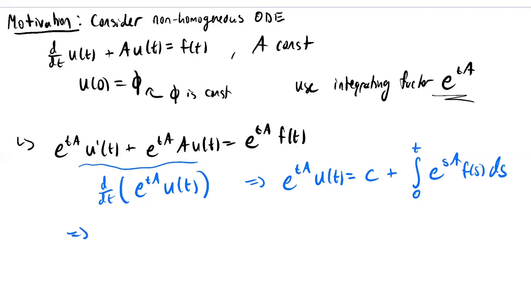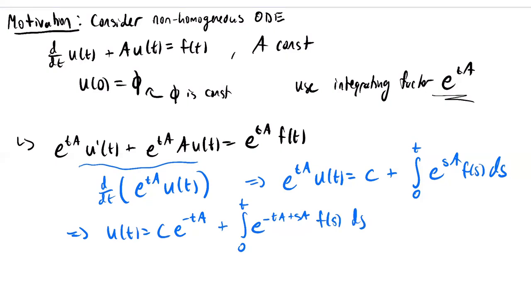And so this implies that my solution u of t, if I just multiply now by e to the minus ta, is some number c times e to the minus ta plus the integral from 0 to t of e to the minus (t minus s) times a, times f of s ds.